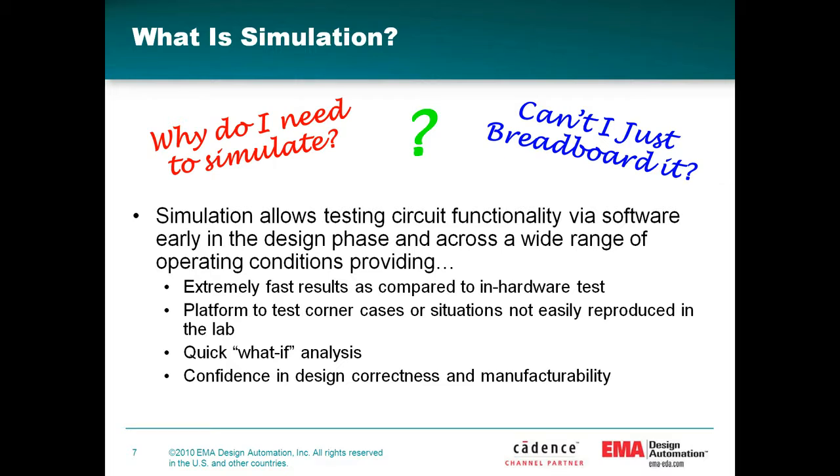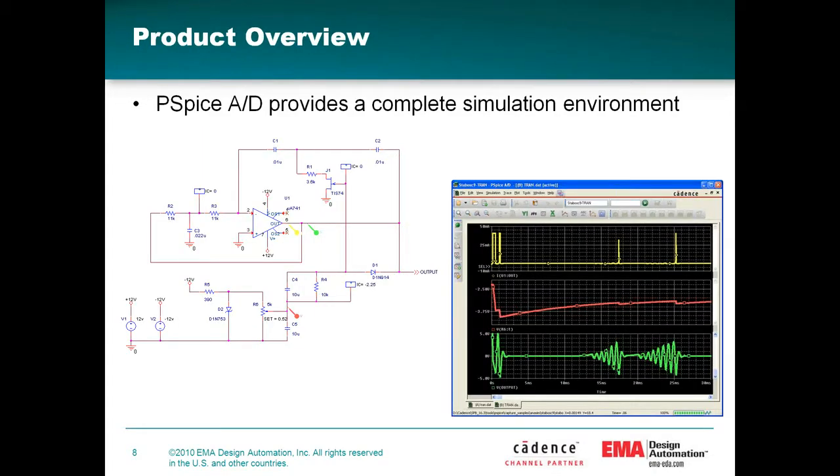It gives you the testing functionality via software, so it gives you very fast results on platforms that allow you to test corner cases and things that you can't reproduce in the lab. It allows quick what-if analysis and is designed to give you confidence in your design correctness and manufacturability. So that's the main purpose of what the simulation world affords you.